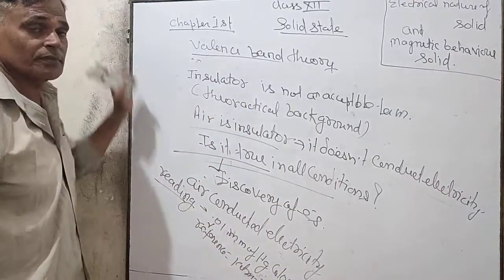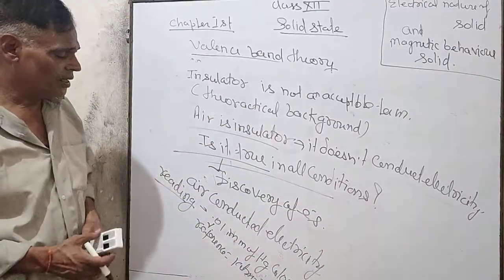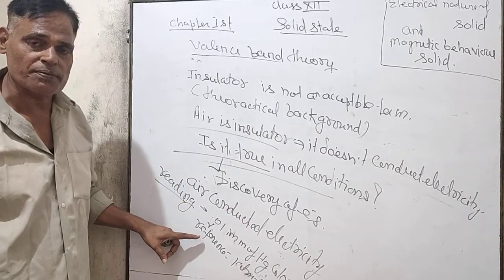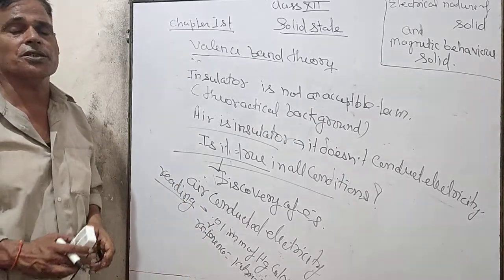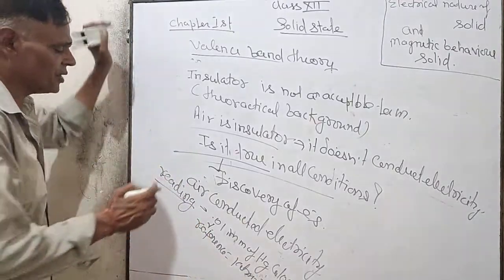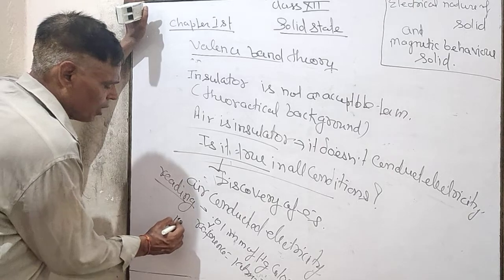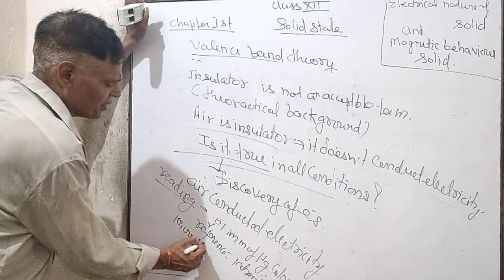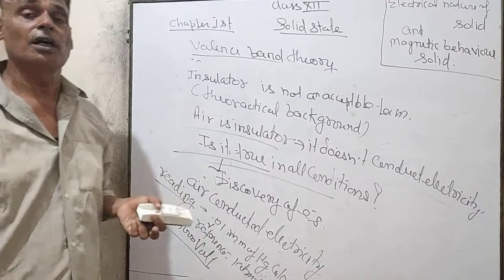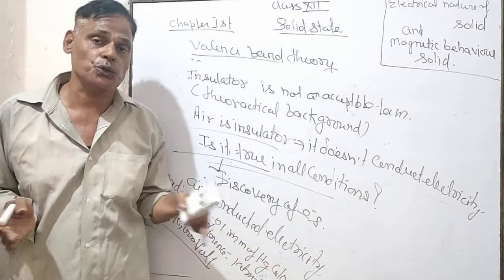Compare the data. The value is very small in comparison to atmospheric pressure. The pressure in the discharge tube was very low. That was one condition. And the second was that a potential difference of 10,000 volts was established across the discharge tube.